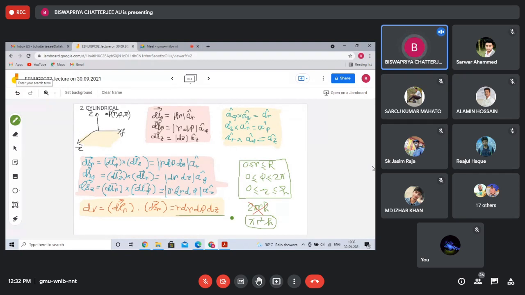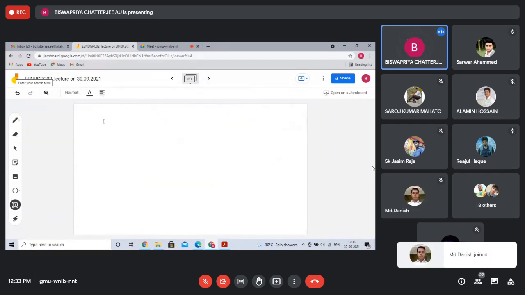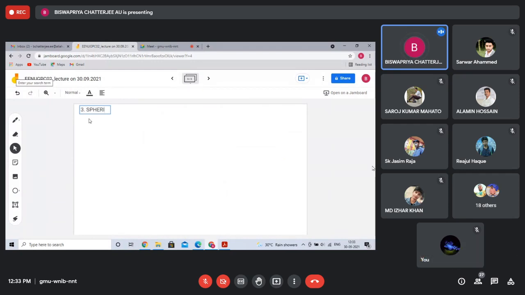So now next we move to our final system. It is spherical. It is represented by x, y, z.